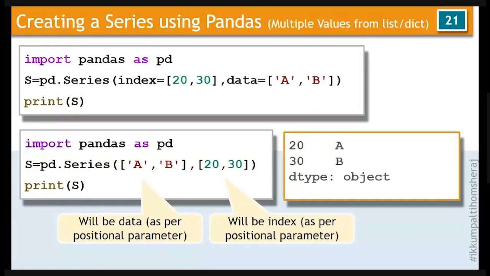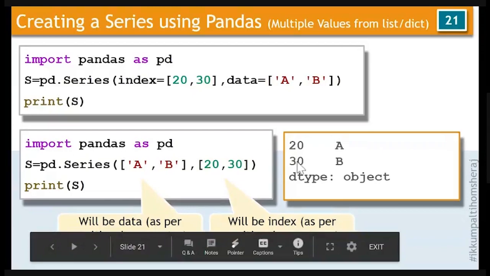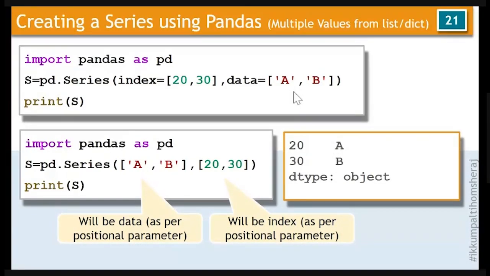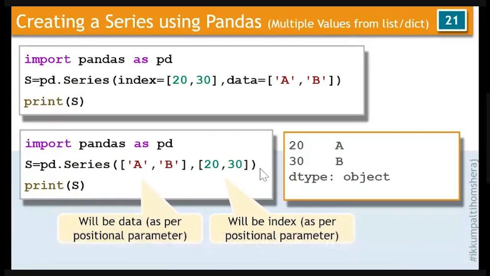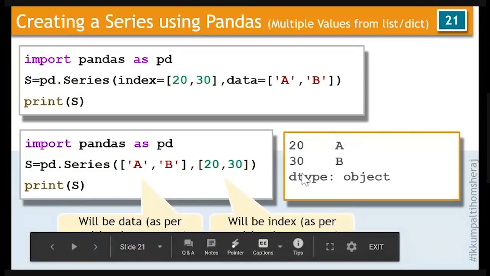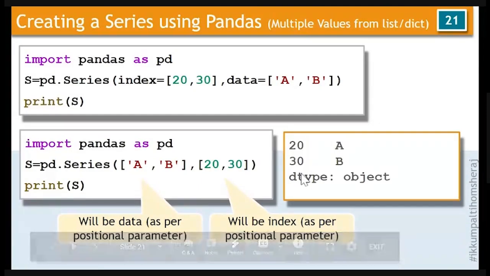But if you want to put index before, then you have to make use of a named parameter, where you'll be writing index is equal to 20, 30 and data as A, B. So in place of the first column, you'll see 20 and 30, and the data values will be A and B. If you want this example to be done with positional parameters, then you will be placing A and B before and 20 and 30 later. And then only you will be able to see 20 and 30 acting as index values and A and B acting as the data with each index.